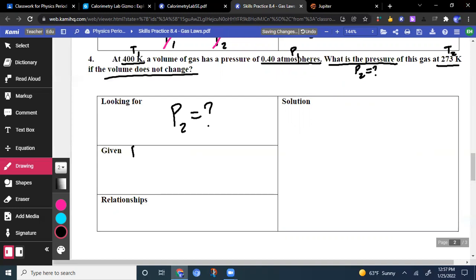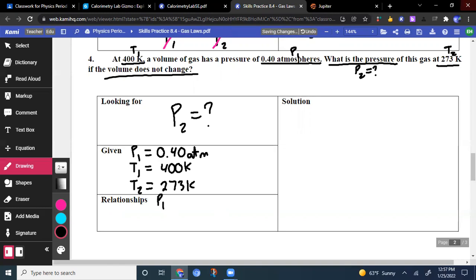So here we go. We have pressure 1, temperature 1, and temperature 2. Pressure 1 is 0.40 atmospheres. Temperature 1 is 400 Kelvin. Temperature 2 is 273 Kelvin.